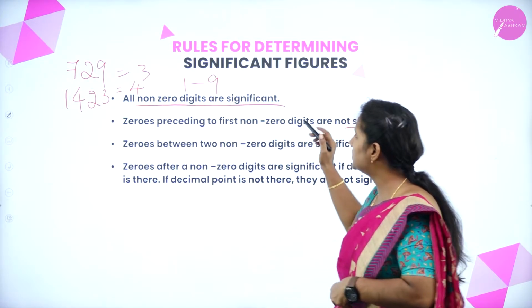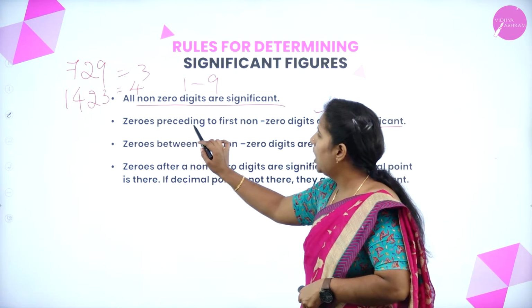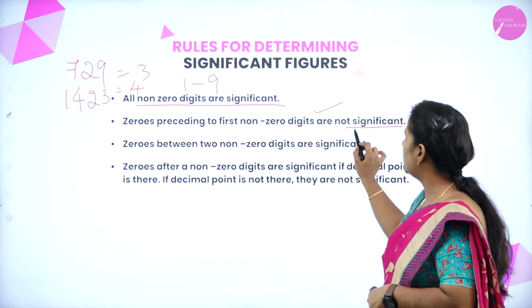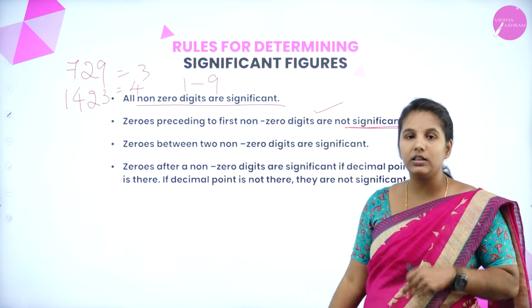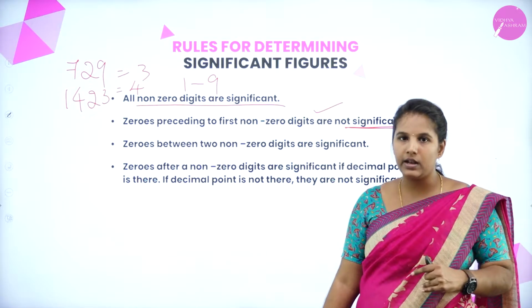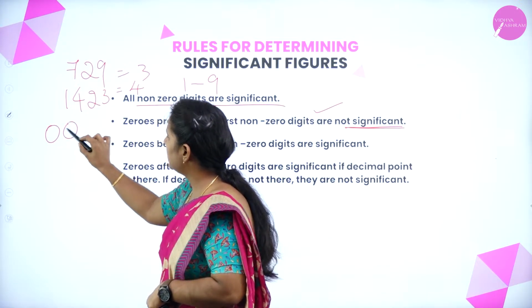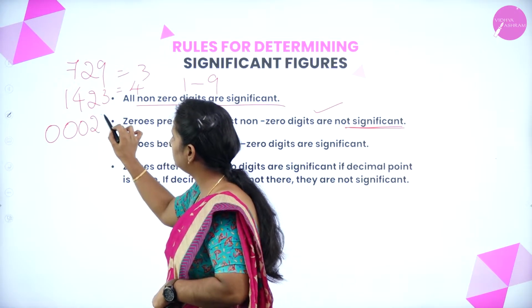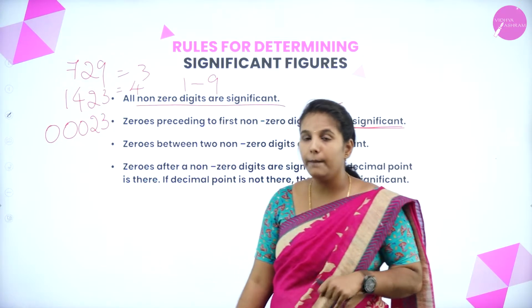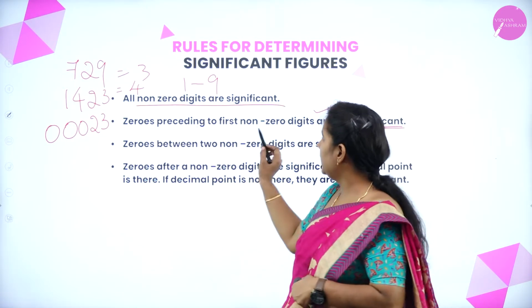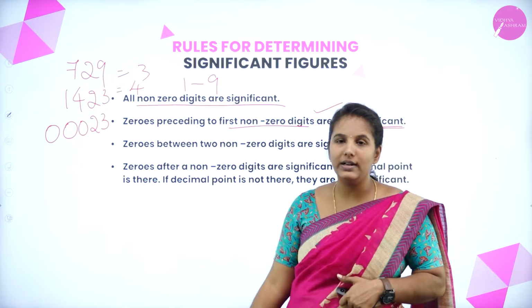The second rule says that 0 preceding the first non-zero digits is not significant. Which means to say that 0, 0, 0, 2, 3. 0 preceding the non-zero digits.